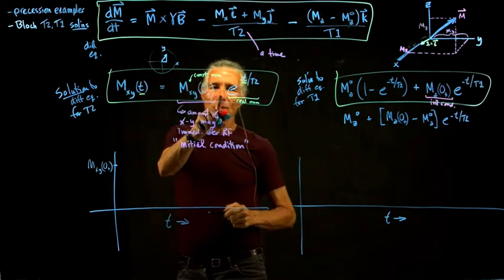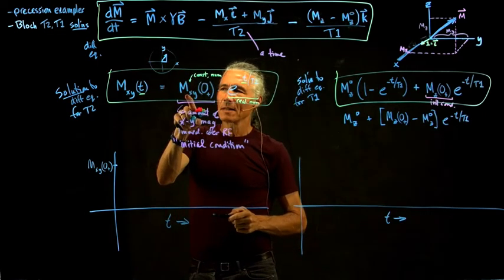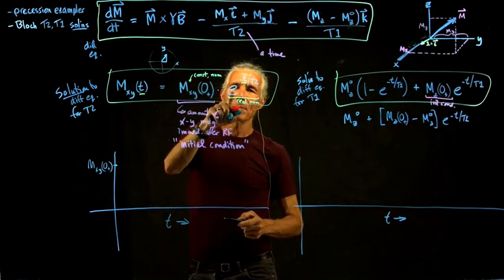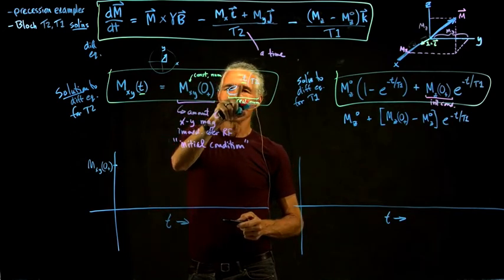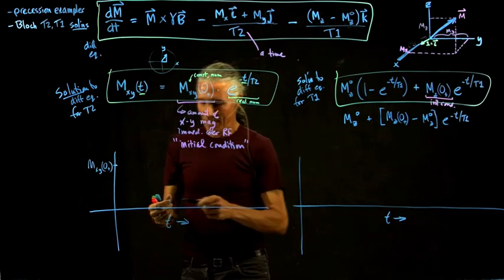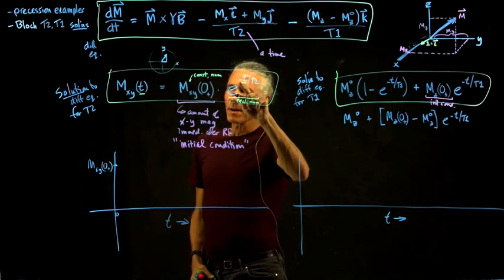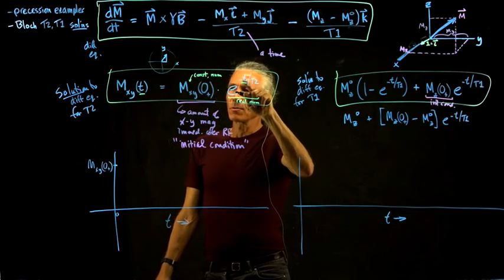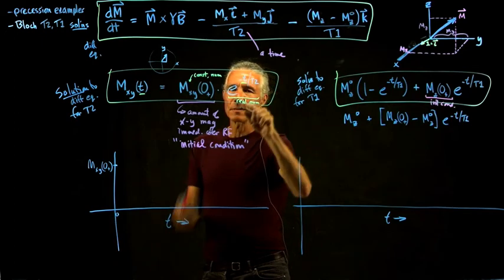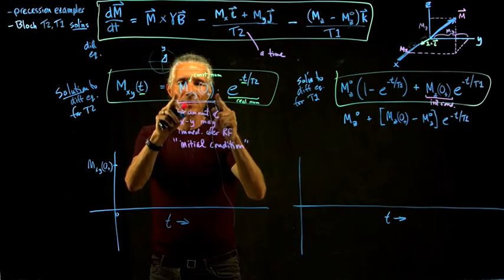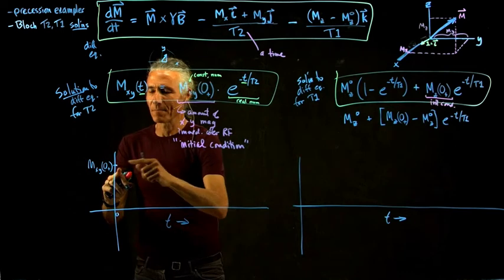So let's run this equation. We stick something in there, Mxy, whatever it is, and then we multiply by e to the minus t over T2. So what's t here? Well, t is 0. So what is e to the 0? E to the 0 is 1. So this part just says 1. This part says whatever, say it was 27, so then this would be 27.